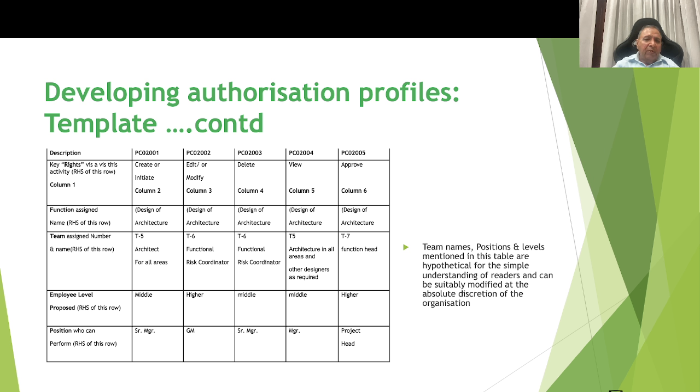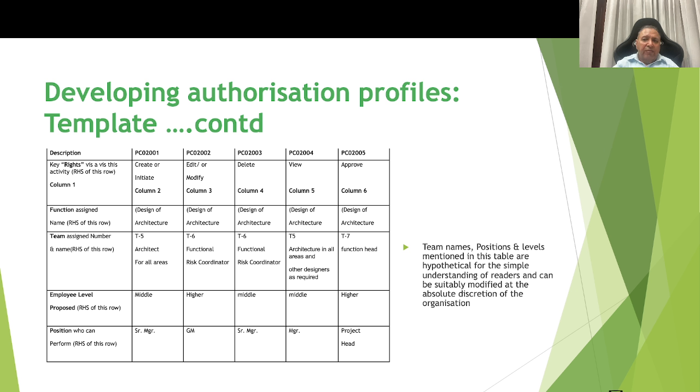When I say middle or higher, I am suggesting the position which can perform these functions. Creating should be done by the senior manager, the editing or modification by the general manager, the deletion by the senior manager, and viewing by, of course, the managers, and approval by the project head for this structure activity which I mentioned in the previous page.